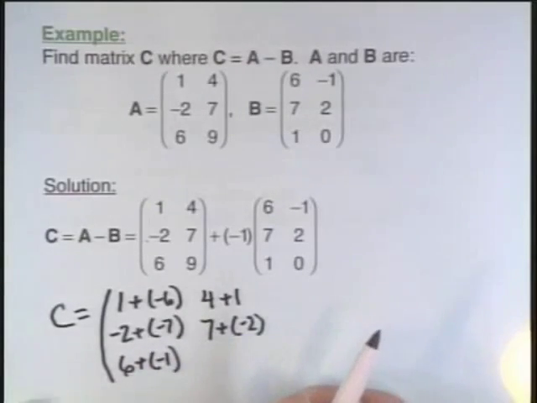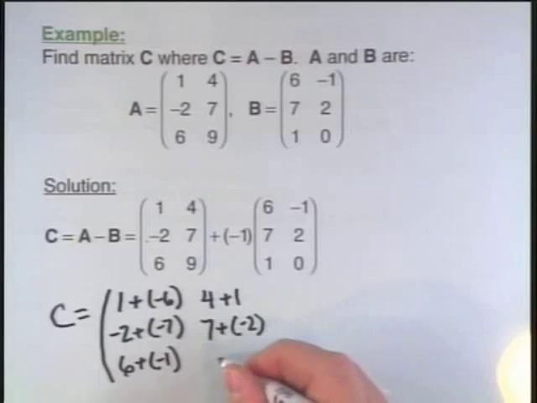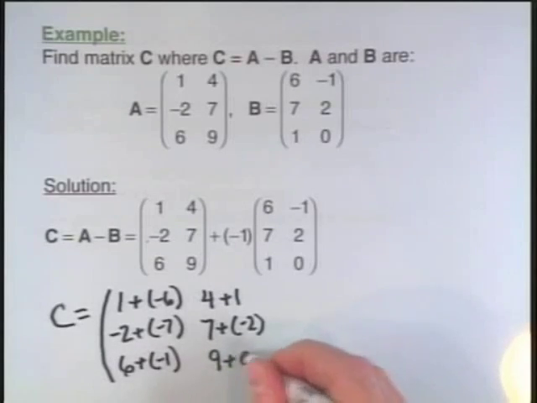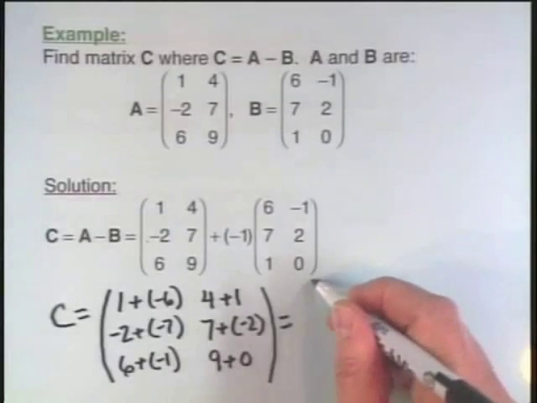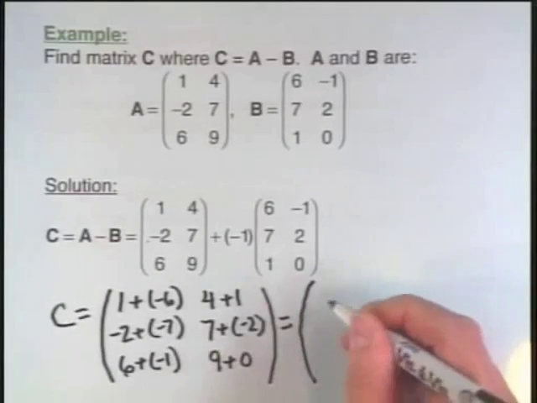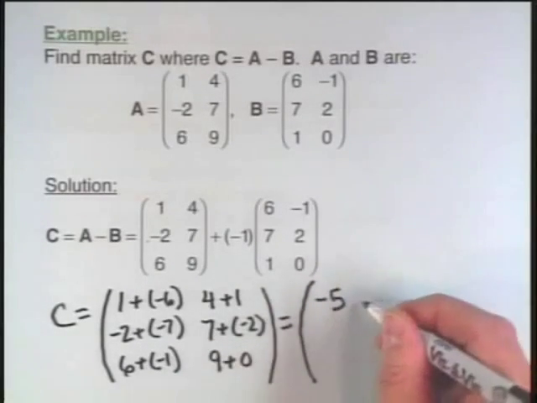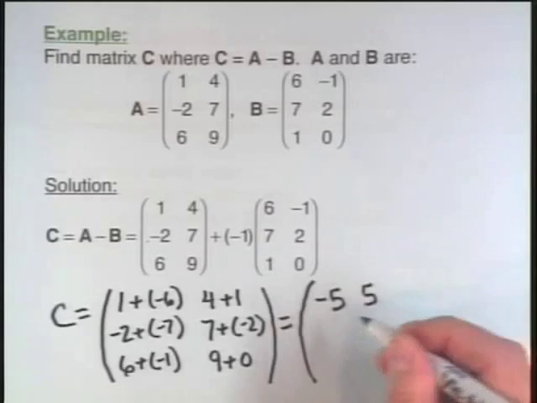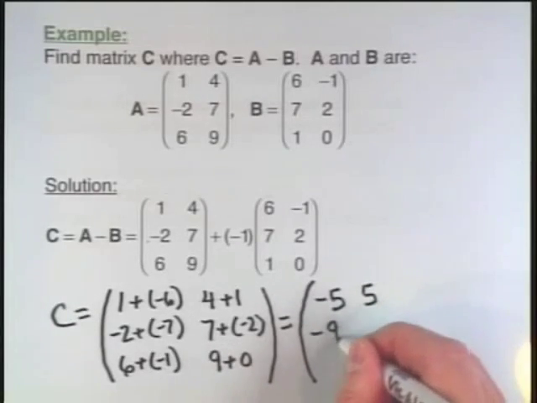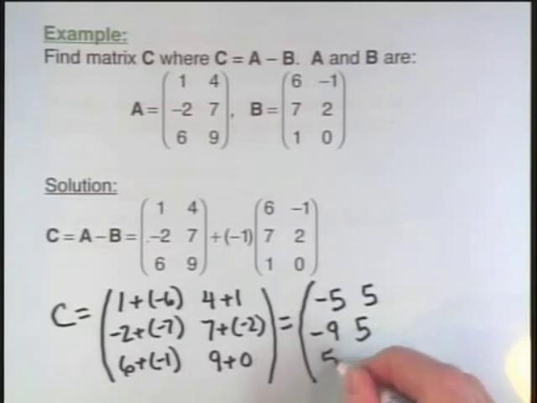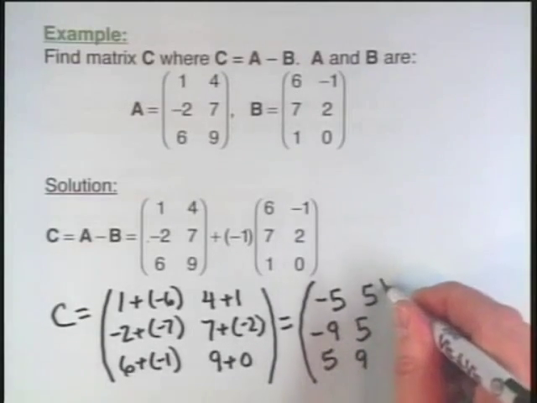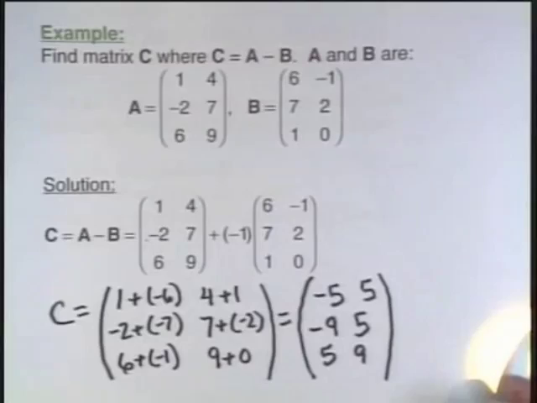And in the row 3 column 2 entry we have 9 plus 0. Completing the calculations gives us negative 5, 5 in row 1, negative 9, 5 in row 2, and 5, 9 in row 3. As expected, C is a 3 by 2 matrix.